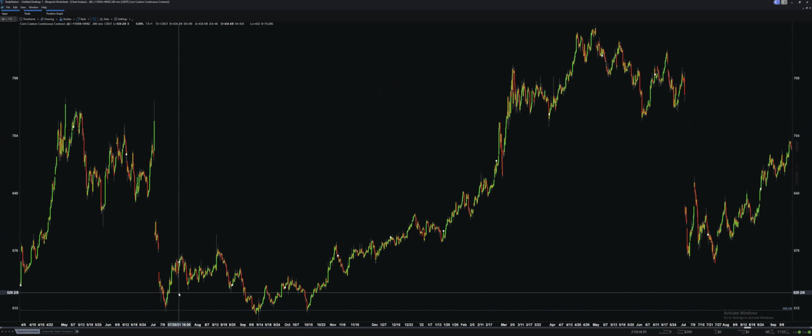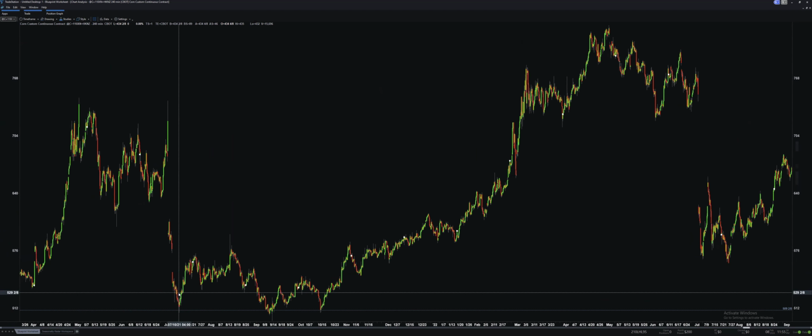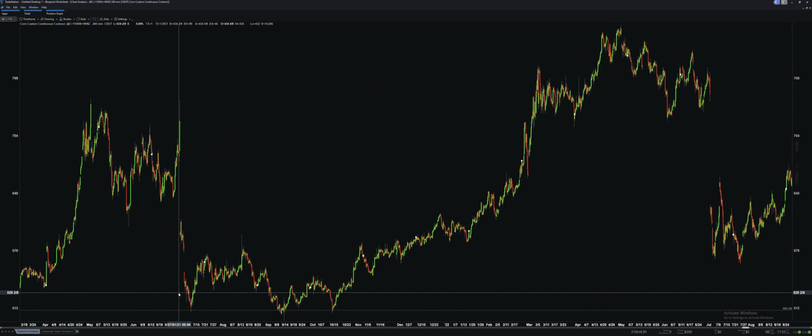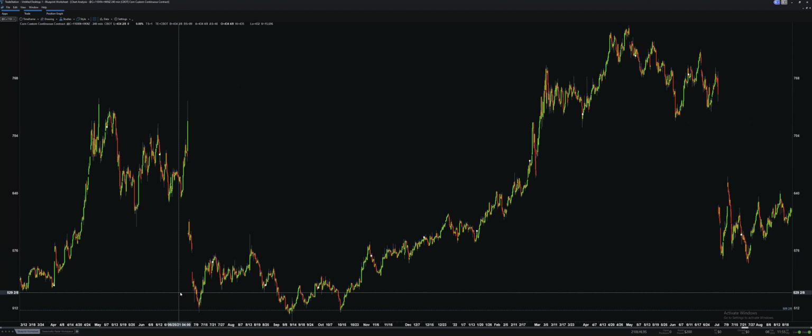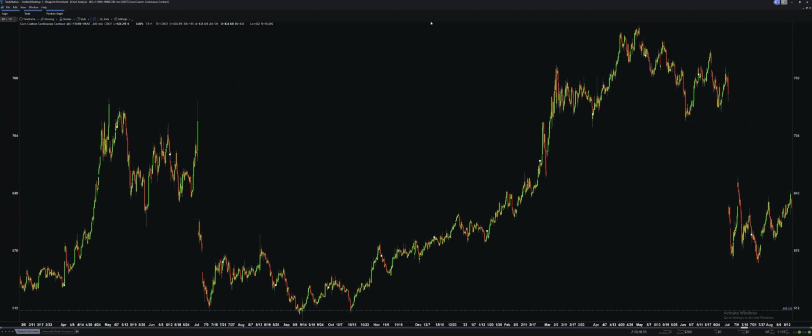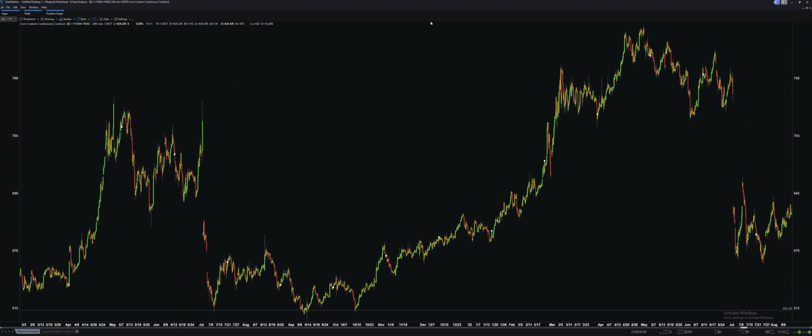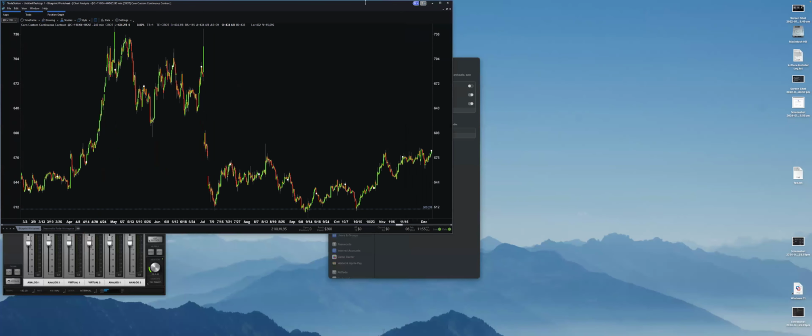Is there any way of scrolling left or right, but skipping instead of one candle at a time? There's a good beginner question for you. You can hold the Shift button and then scroll. That's not working for you? Let me try Control. Command, no. It's not working on your keyboard, maybe.